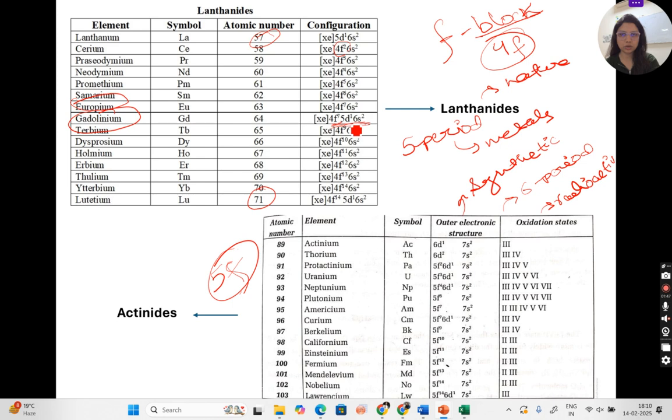One extra electron will go into 5d in gadolinium. Similarly, ytterbium has 4f14, and because of the stable electronic configuration, lutetium has 4f14 and one extra electron goes to 5d1. Actinides are filled according to the same criteria which we have used for the lanthanides. So this is the basic introduction of lanthanides and actinides.